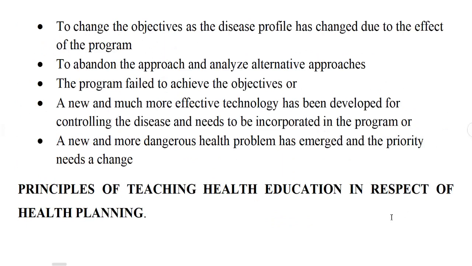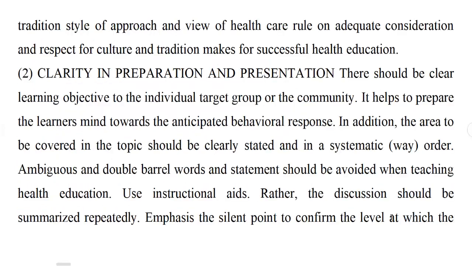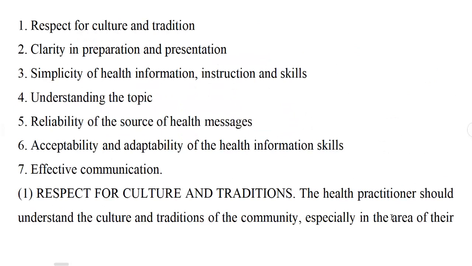Well, there are other things that must be considered too, such as your planning must consider the people's culture and tradition. There must be respect for people's culture and tradition. There must be clarity in your preparation and presentation. Simplicity of health information is very, very important.